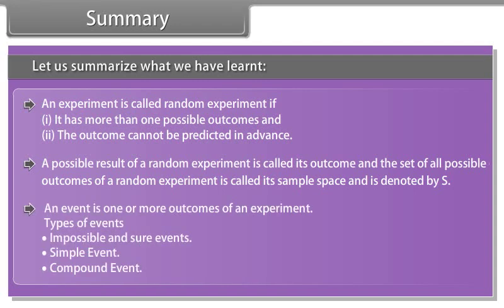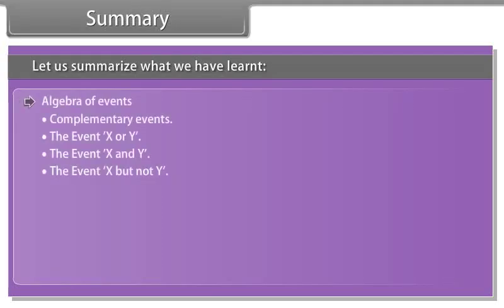An event is one or more outcomes of an experiment. Types of events: 1. Impossible and sure events. 2. Simple event. 3. Compound event. Algebra of events: 1. Complementary events. 2. The event X or Y. 3. The event X and Y. 4.